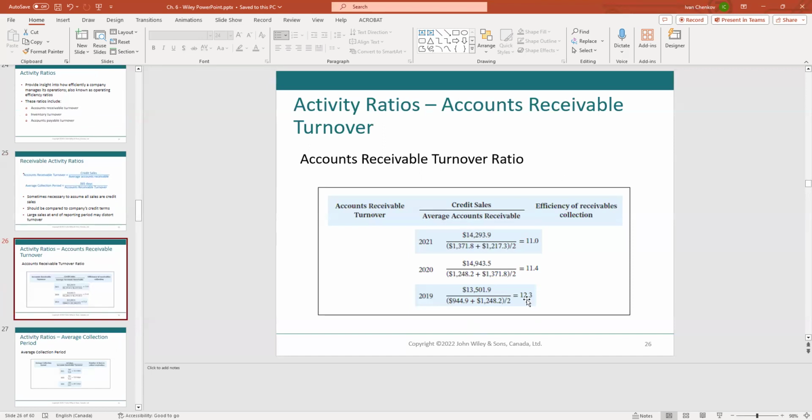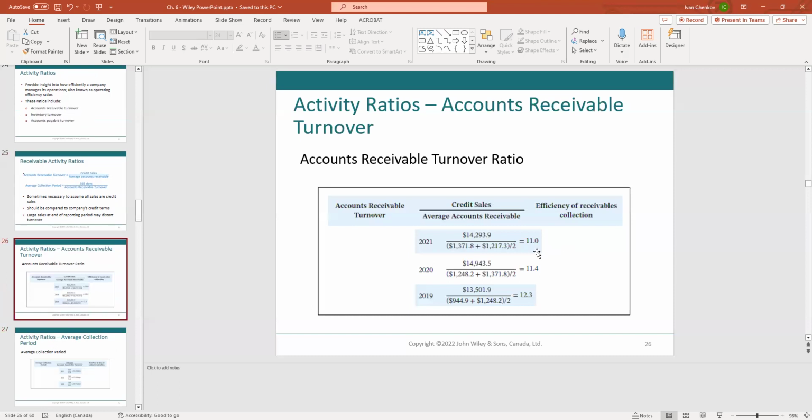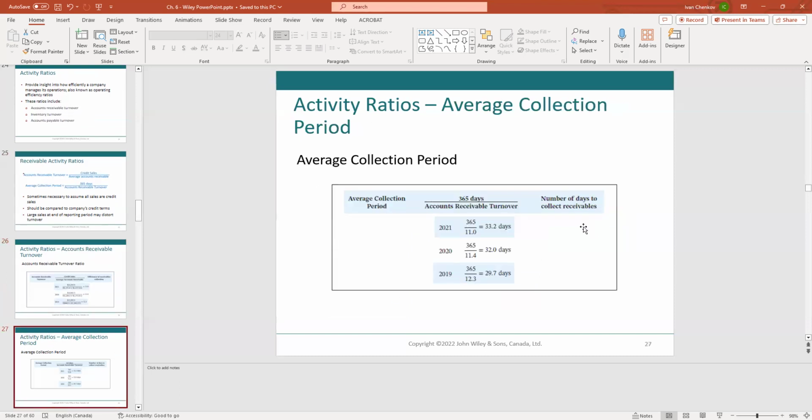You see, when we have a high number, 12, our days in accounts receivable collection is 29. That means in 29 days we collect our sales. When the number goes down to 11, it takes us 33.2 days to collect our sales. Which one is better for us? 29 days.